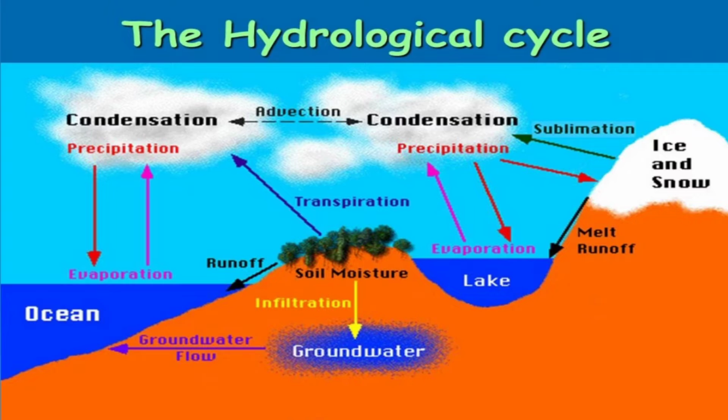Water is found on the globe in various forms. Number one is the gaseous form, which is vapor and moisture. Second is the solid form, which is called ice. And third is the liquid form, which is water.